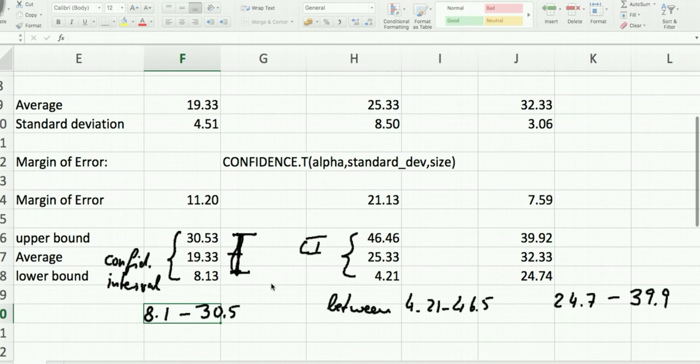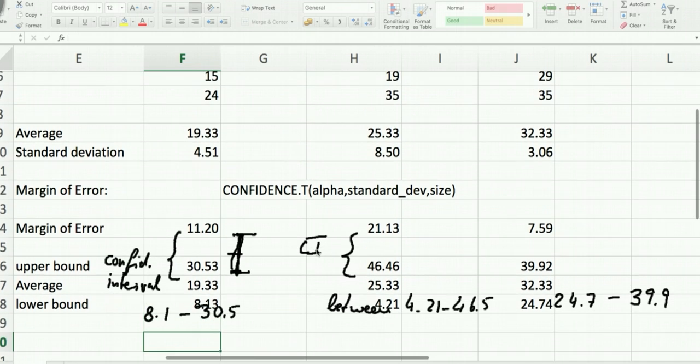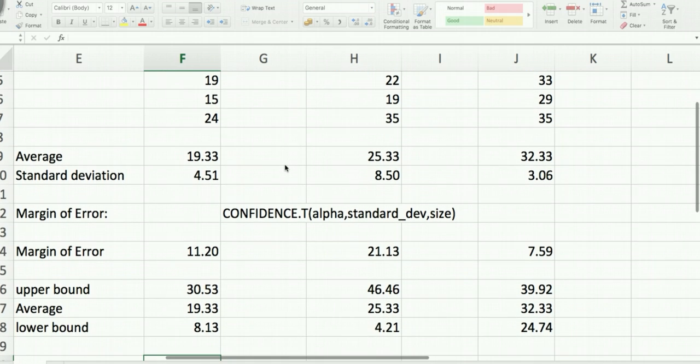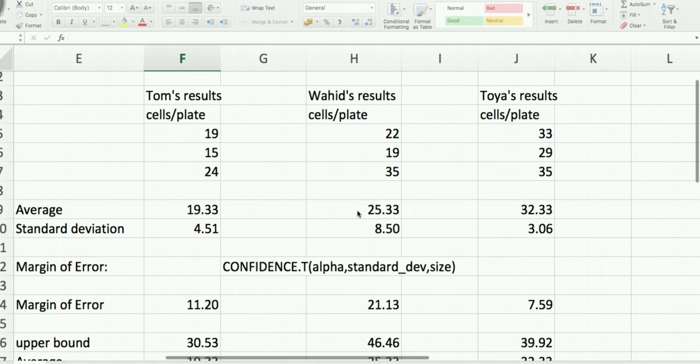Yeah, and that makes this confidence interval quite a powerful thing, because it gives us a rough estimate where we would expect the true value for our experiment. So despite getting the averages here, with the confidence interval, it tells us where we can expect the true average for the results.